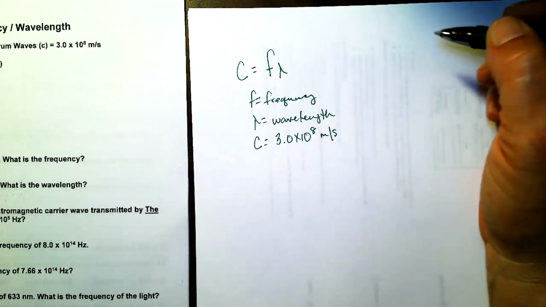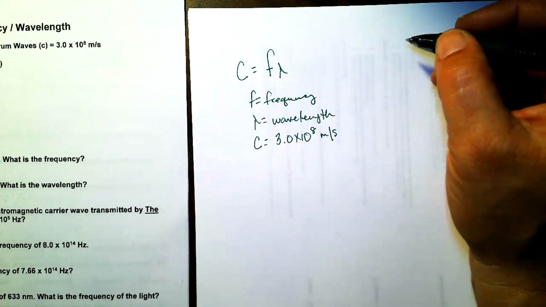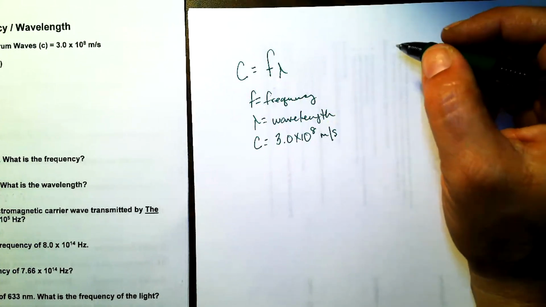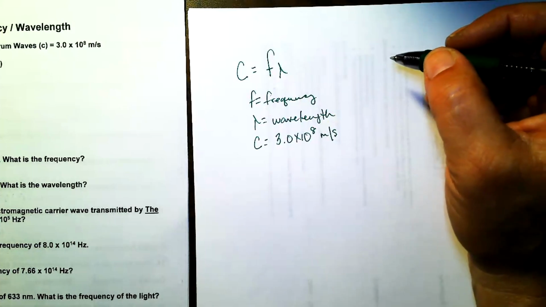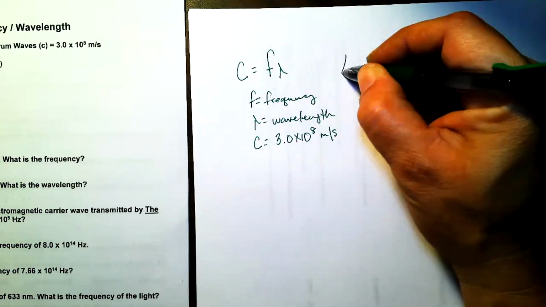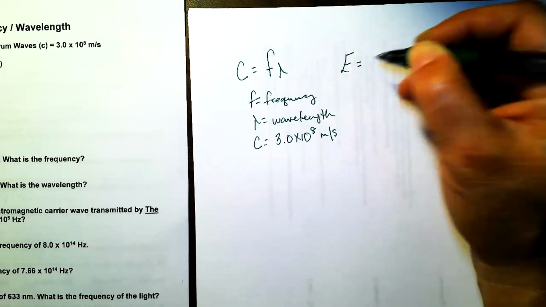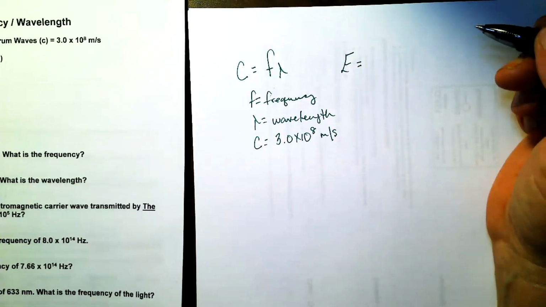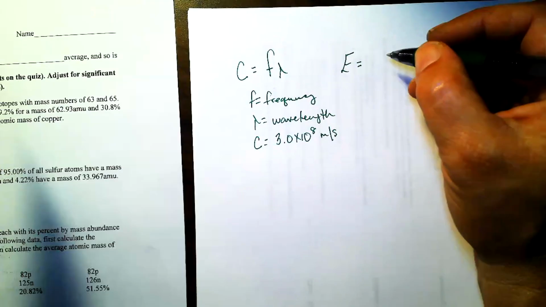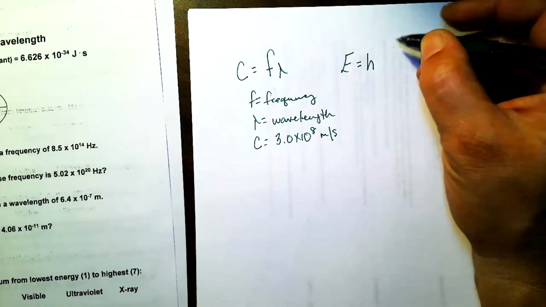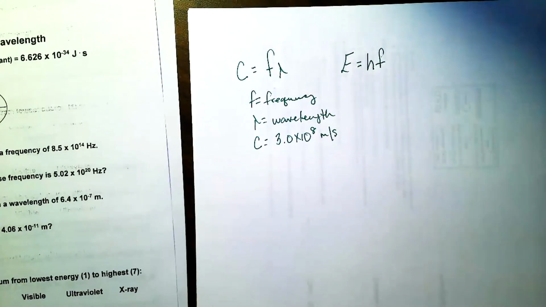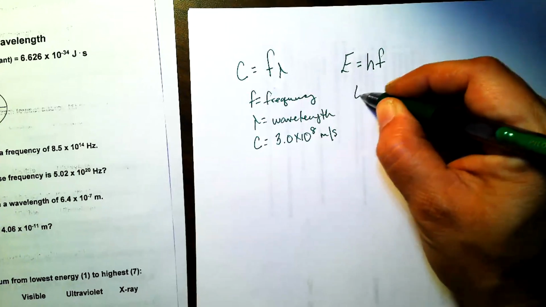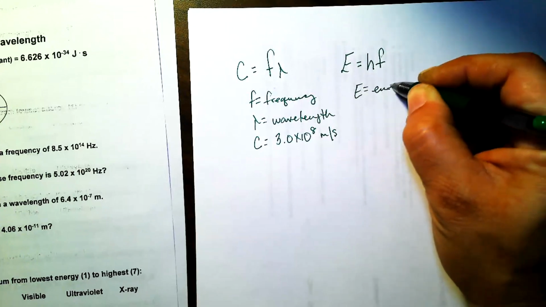All right. The next formula with electromagnetic radiation is calculating energy. Energy is equal to Planck's constant times frequency, where E is energy.